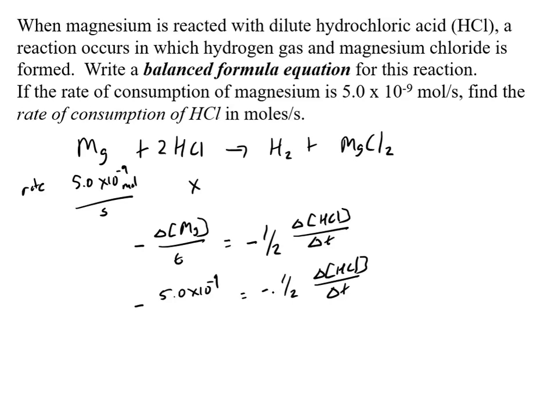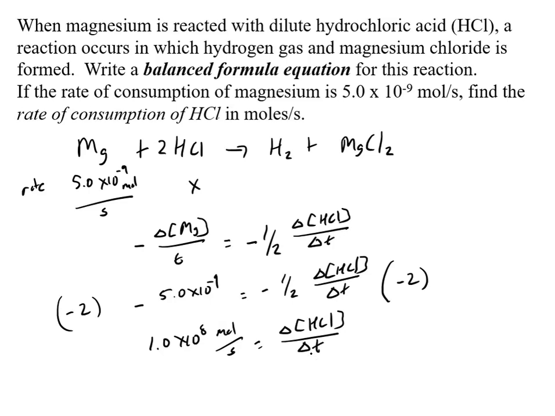I'm going to multiply both sides by negative 2. So 2 times that gives me 1.0 times 10 to the minus 8 moles per second equal to the change in HCl over the change in time. If you think about it, it makes sense. The HCl is being consumed at twice the rate that the magnesium is being consumed, because for every 1 magnesium, it takes 2 HCl.